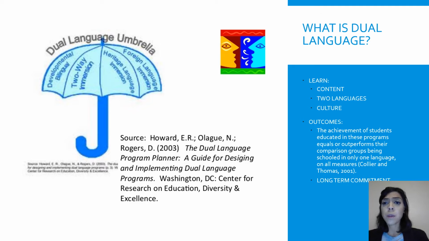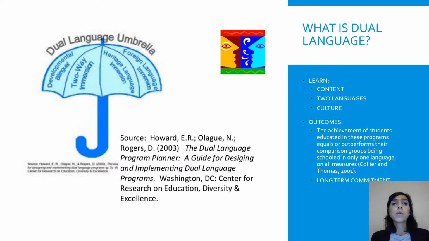Just for example, here I put that these programs equal or outperform their comparison groups being schooled in only one language on all measures. So just by comparing a monolingual, one language program to a dual language program, our dual language students are scoring higher than a regular one language program.